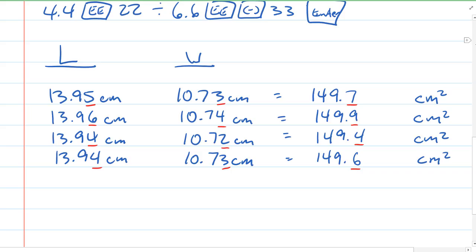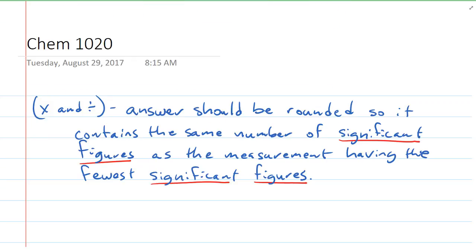This would have had 4. The fewest of 3 and 4 would be 3. And then we round this answer off to 3 significant figures. So again, that's how the rules work for multiplication and division. Any questions on that rule?